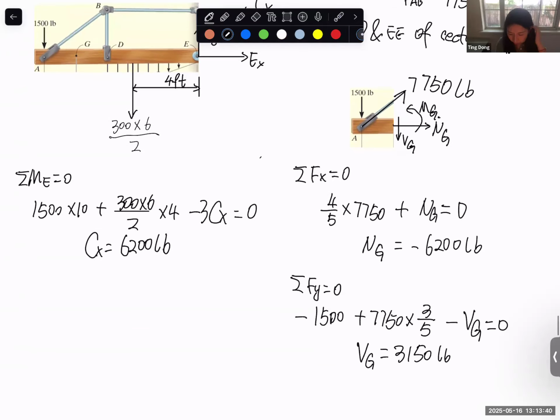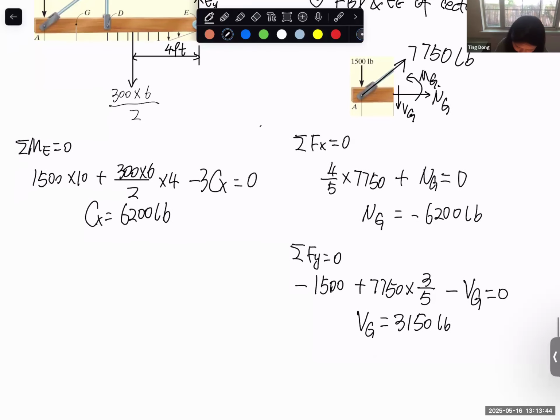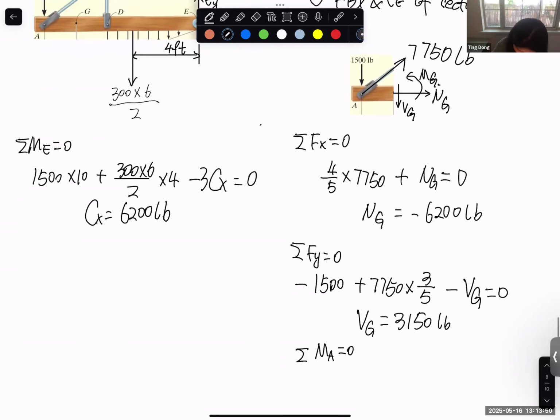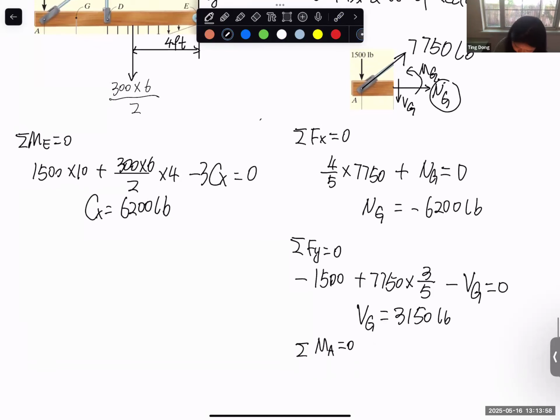Moment: well, you can do moment about A, you can do moment about G. You should get a correct answer no matter which point you choose. So let's choose point A. If you choose point A, of course, these two forces we can just ignore, and this one passes through the point A, so it does not cause any moment.